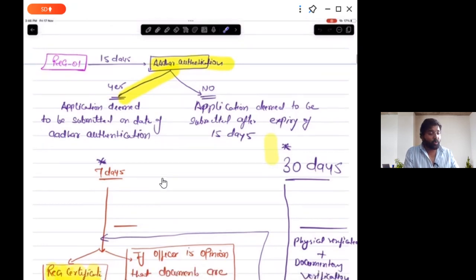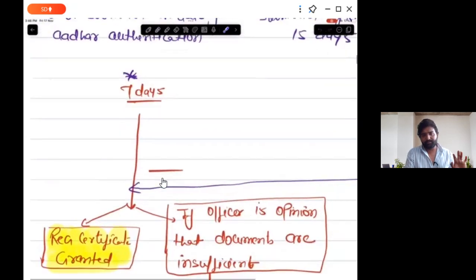So if I'm going with Aadhaar authentication, once I file my application, the department needs to respond within 7 days. So in 7 days, either the department needs to grant a GST certificate, or if there is any discrepancy in the application, if some information is not sufficient for them, then they will issue a notice.